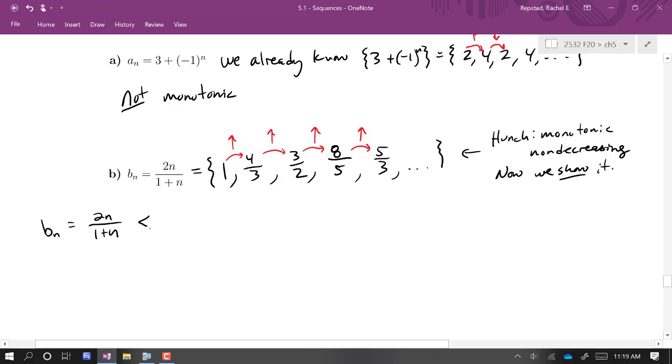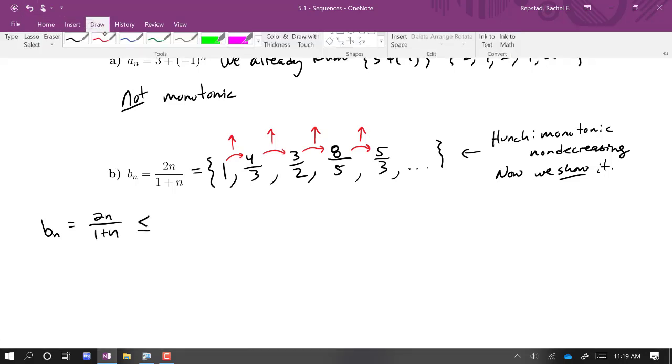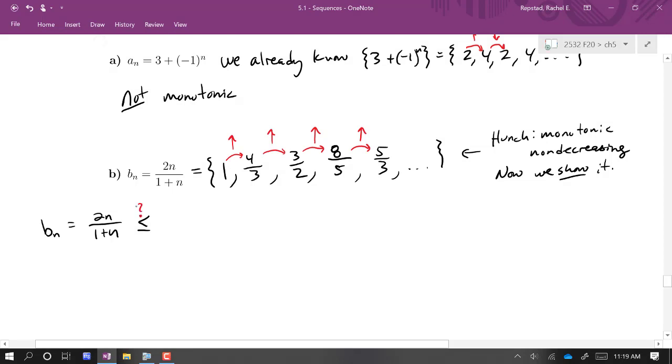We want to show that this is always less than or equal to, and we're not sure yet, so I'm putting a big question mark, the n+1 term, which will look like this. Now if that's true for all n, then we will have done our job. Then we will have shown that it is monotonic non-decreasing.